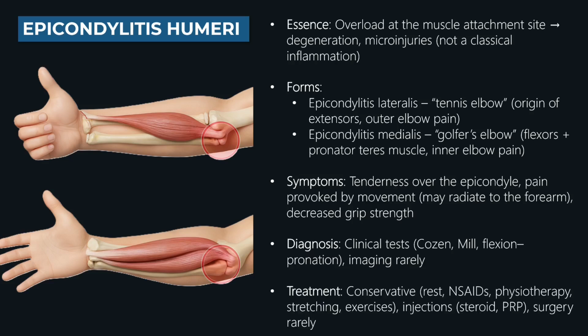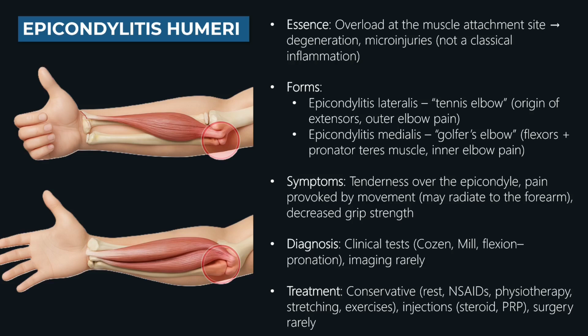First-line treatment is conservative. Rest and activity modification, a short course of non-steroidal anti-inflammatory drugs, and targeted physiotherapy are key. Stretching and gradual strengthening, especially eccentric exercises, are emphasized. Correction of workplace ergonomics and sports technique is often decisive.